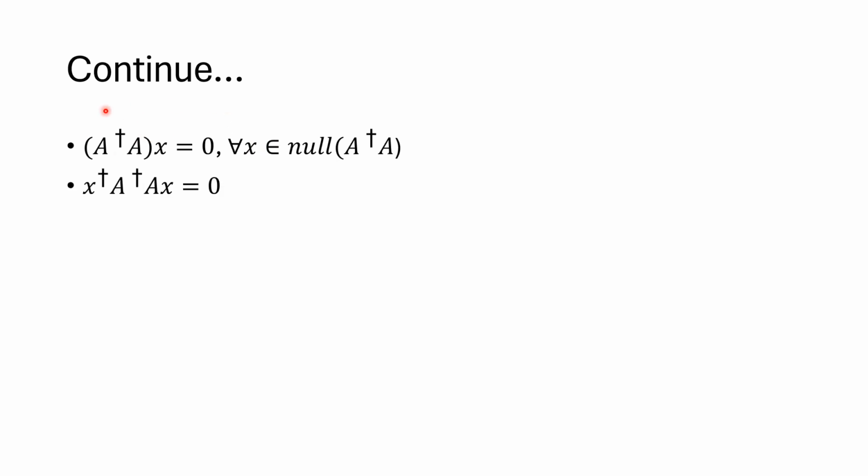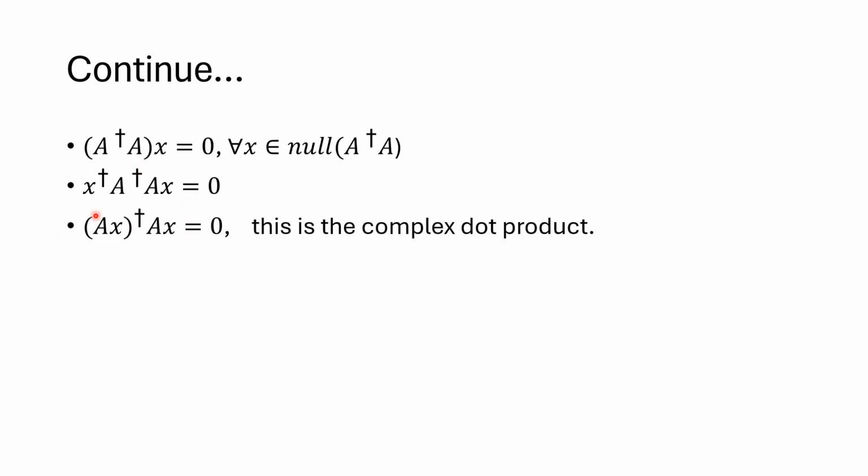And this time what I can do is multiply both sides of the equation by the Hermitian transpose of x, okay? And here's why. Because I can rewrite this like so, all right? And some of you will notice that this is just the complex dot product, right? Ax is a vector, and taking the Hermitian transpose of a vector and then multiplying it with the vector is just the complex dot product.